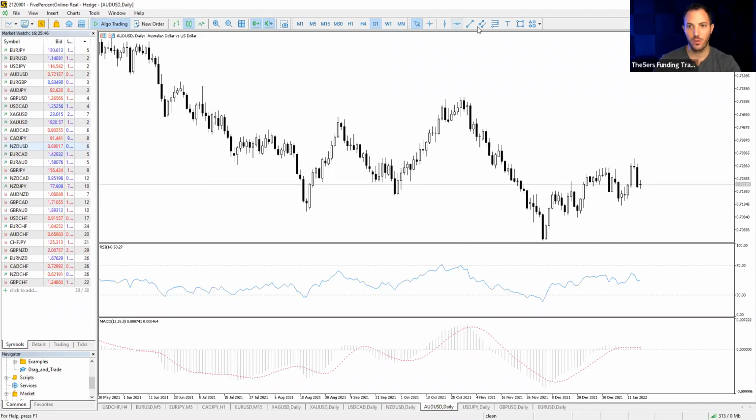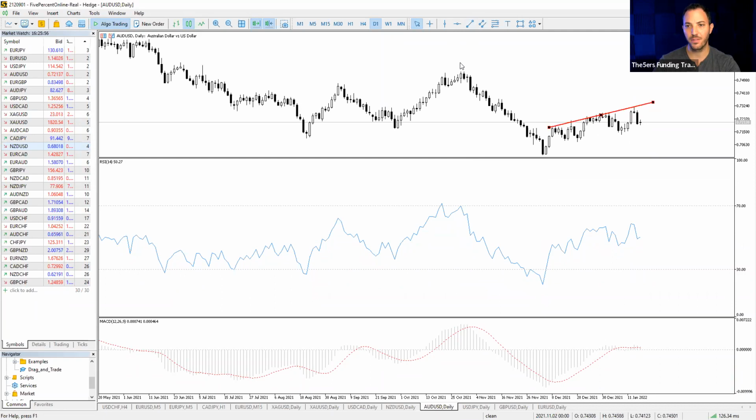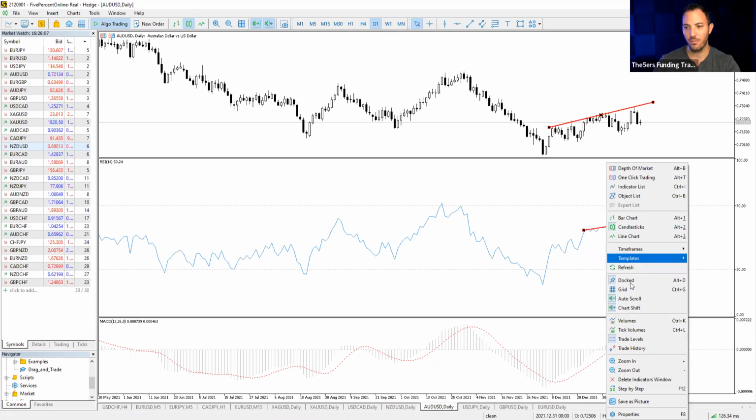So we have these highs, and on the relative strength index, there's no divergence here, kind of flattening.